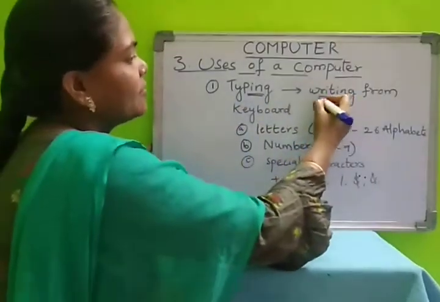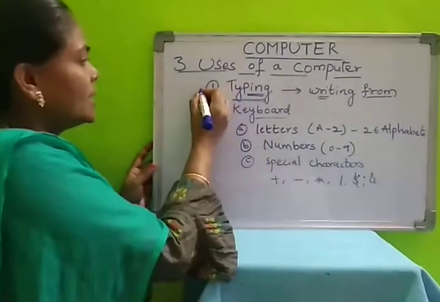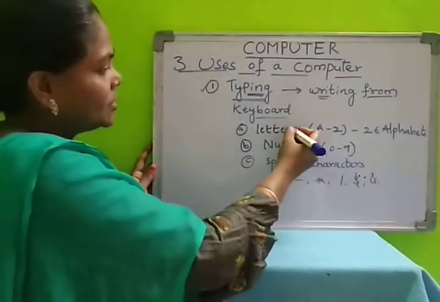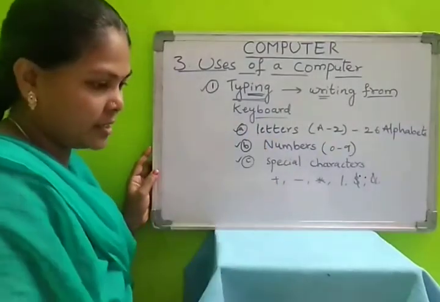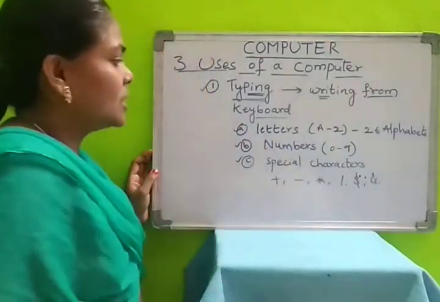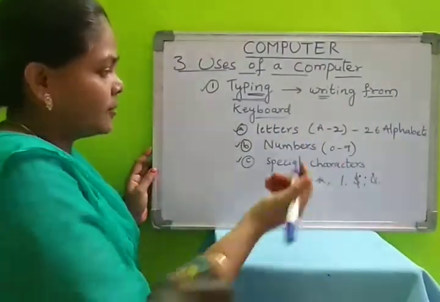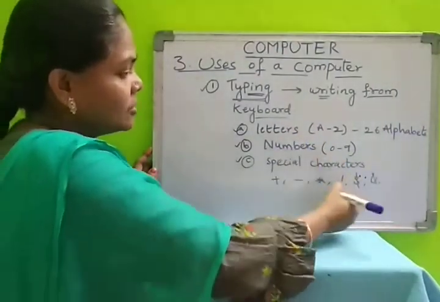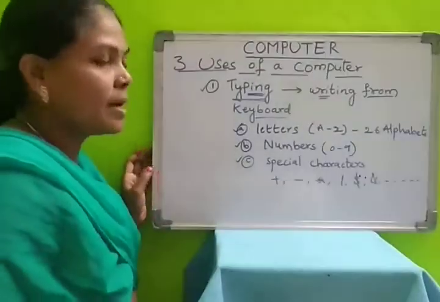So we can write from the keyboard, that is called typing. Using letters you can make sentences, using numbers you can write digits, and special characters and different symbols you can type from the computer also.